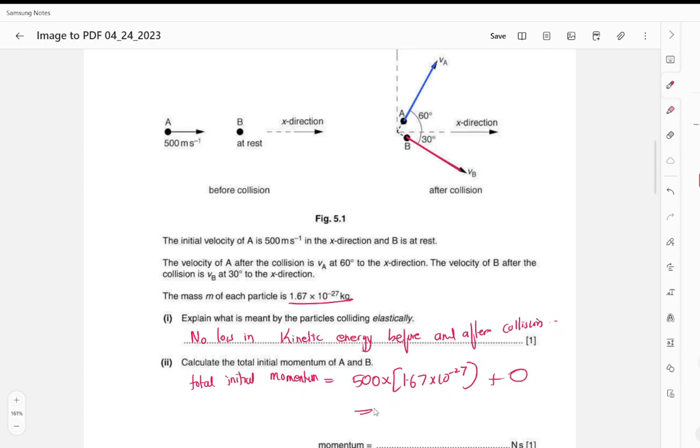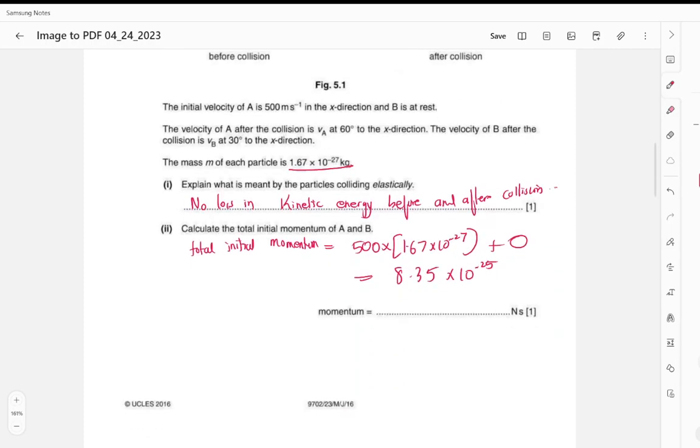So this gives me a value of 8.35 into 10 raised to power minus 25 Newton seconds, or 8.4 भी लिख सकते हैं.